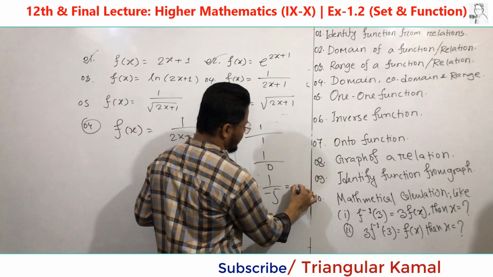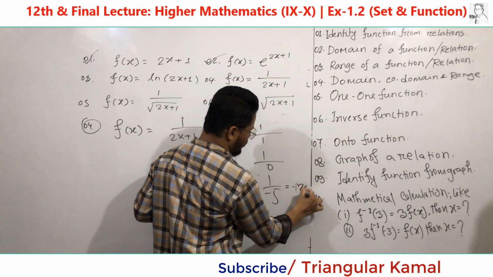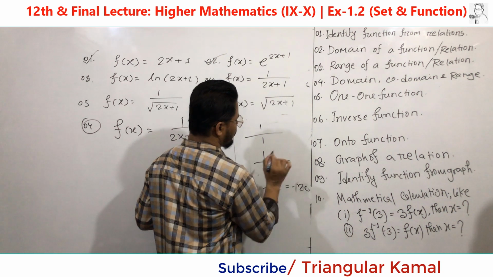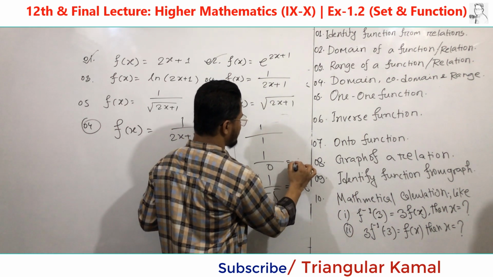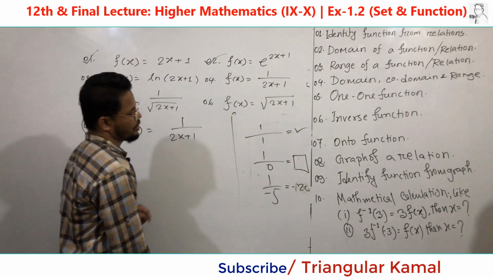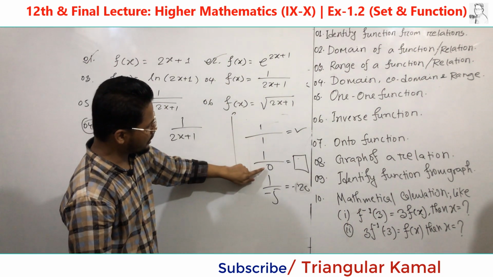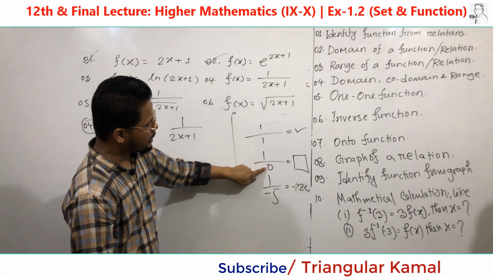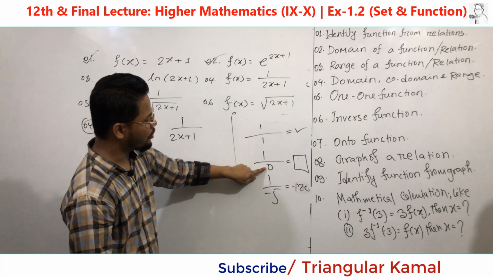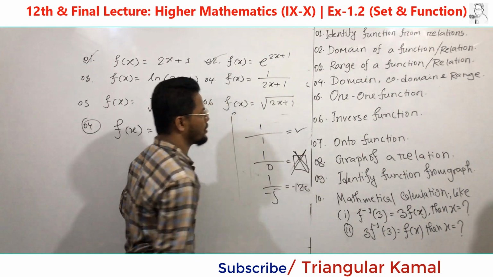Here we will get 1, undefined, and minus 0.2. So in fractions, when the denominator becomes 0 we will not get any real number.